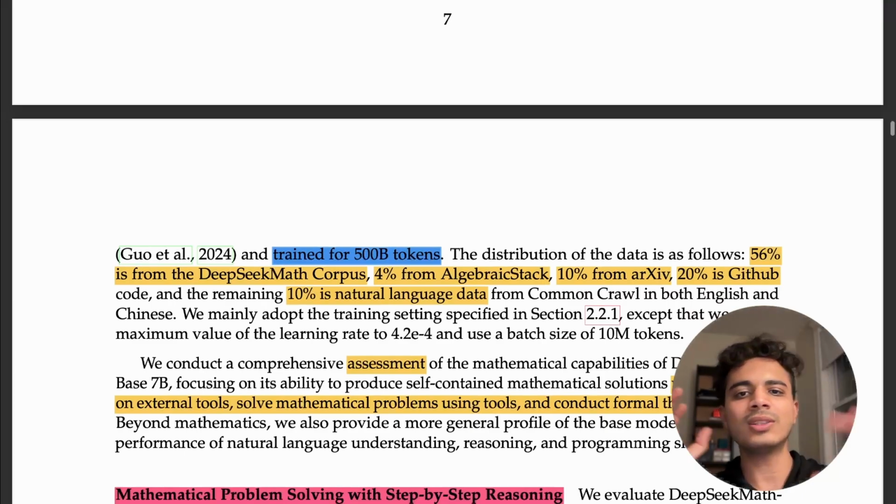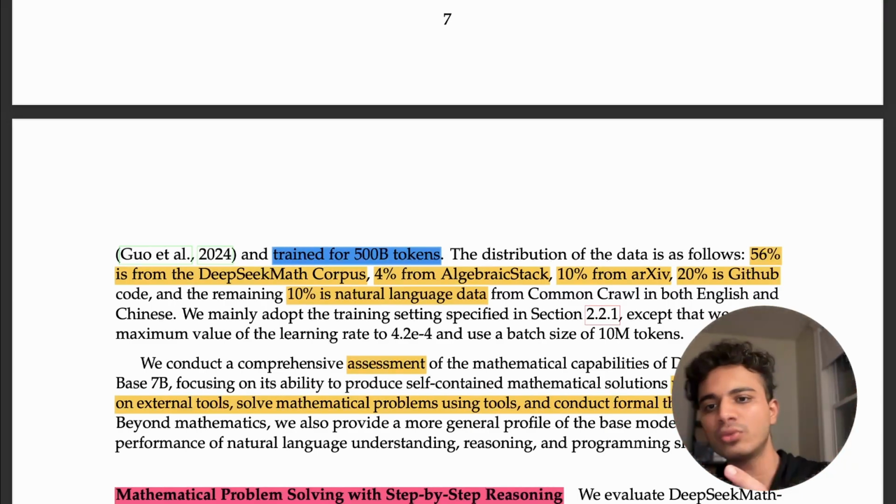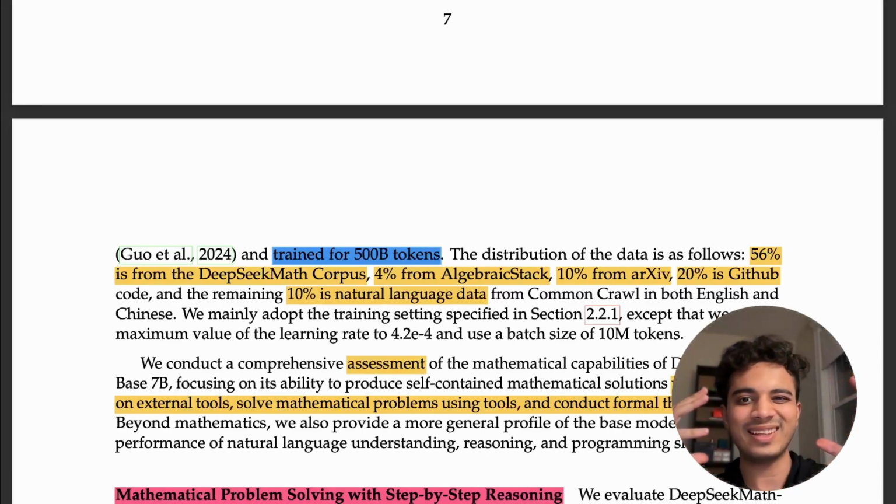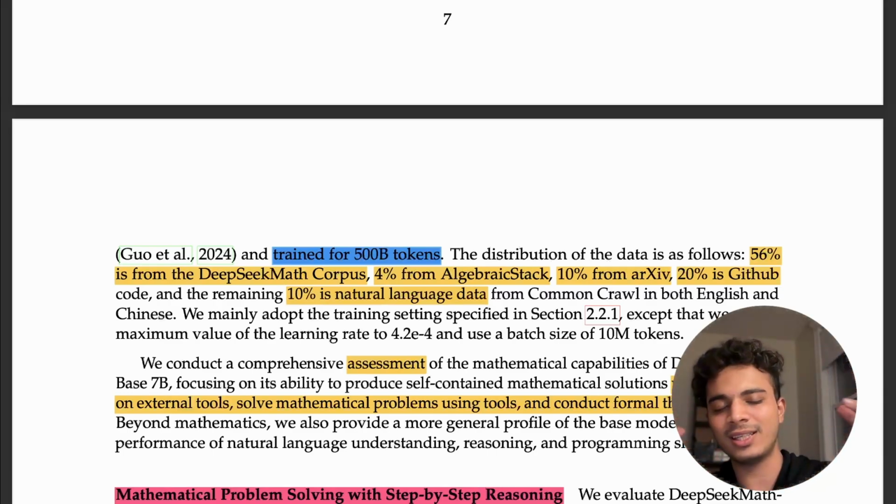Fine enough. Now, the distribution of the data is pretty cool, in that they are not only using the DeepSeekMath corpus. The DeepSeekMath corpus is the majority in this entire domain, at 56%.